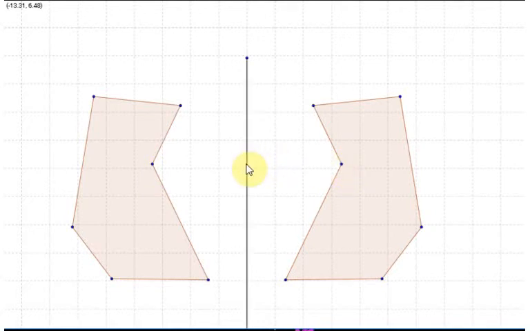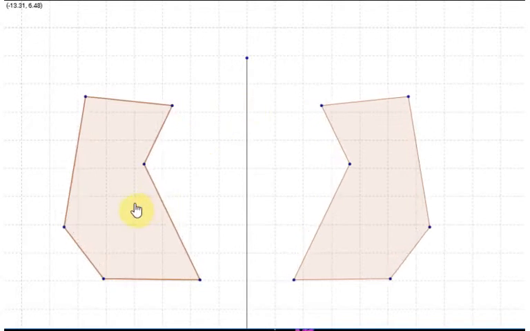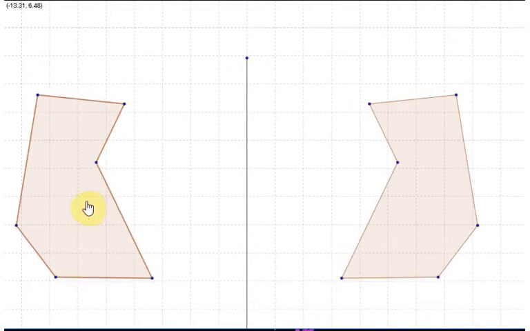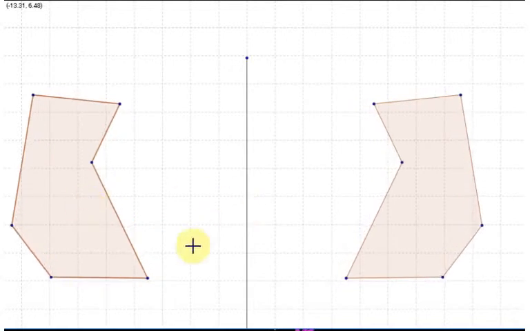All right? And as well, the distance from this point to the reflecting line will be the same as the distance from the object to the reflecting line. If I try to drag my object to the left that way, you see that the distance adjusts to be the same.